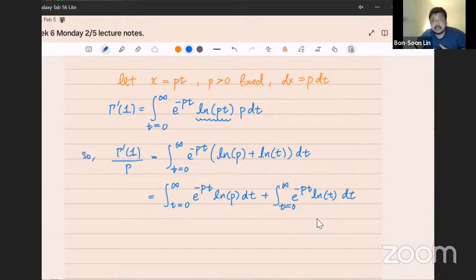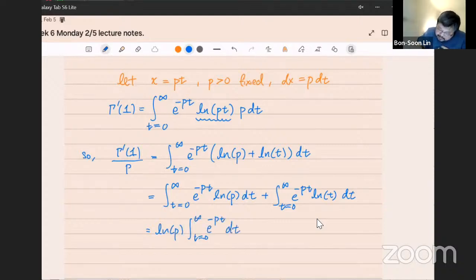Okay. Now look at these two terms. The first term, because we're integrating with respect to t, natural log of p is just a number, so it will come out of the integral. So all we're doing is integrating t going from 0 to infinity, e to the minus pt dt.